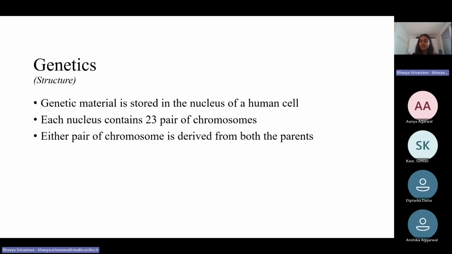So, we all know that the core of a human cell is the nucleus. And in the nucleus, there are 23 pairs of chromosomes, which makes 46 in total. Each pair is borrowed from the parents, so there'll be a maternal line of chromosomes and a paternal line of chromosomes. Together, they form the 23 pairs or 46 chromosomes.